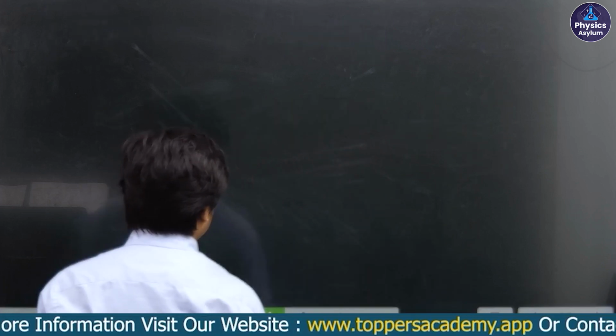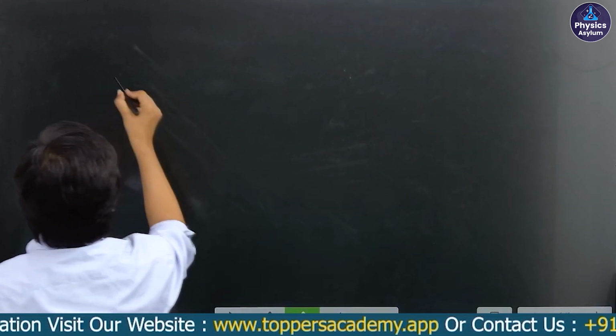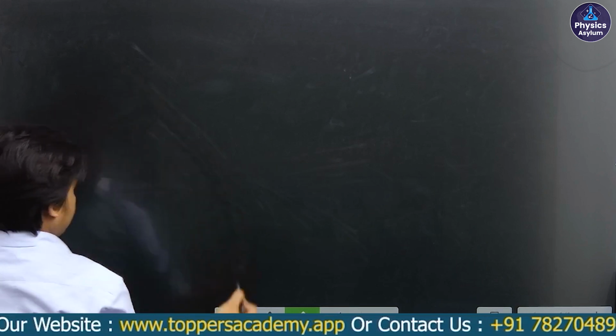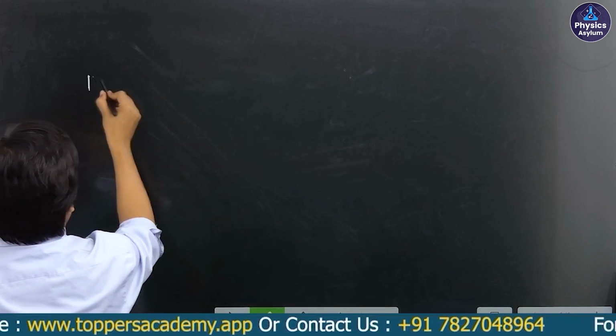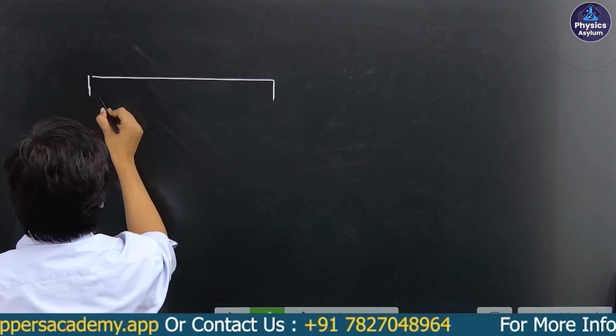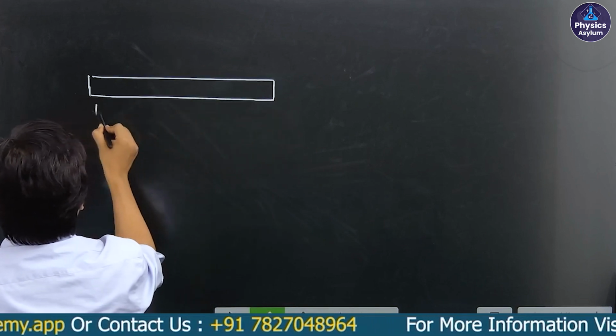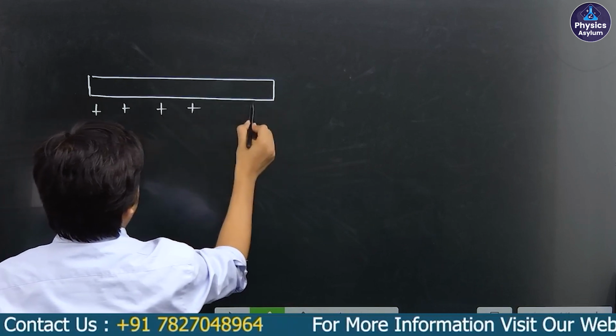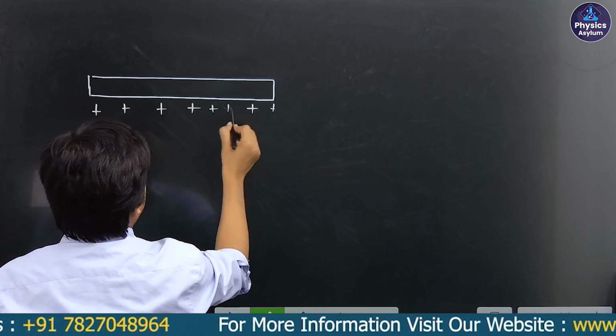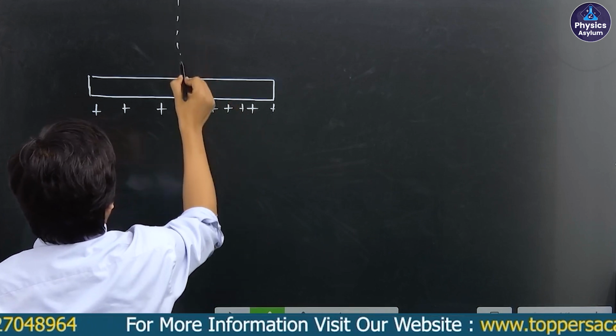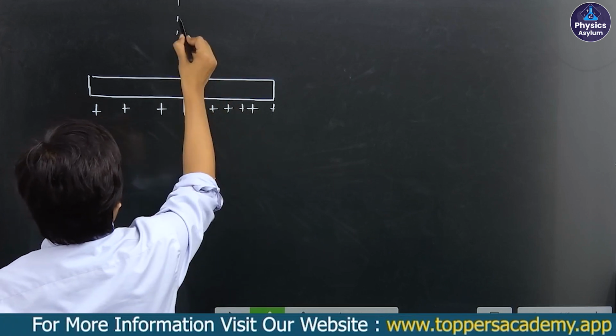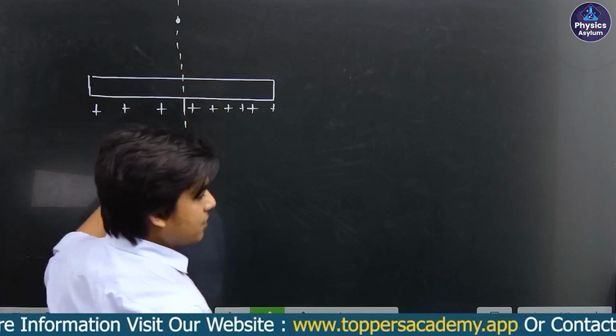Okay, one special case. So we have calculated the electric field due to a uniformly charged thin rod at a point on its perpendicular bisector.